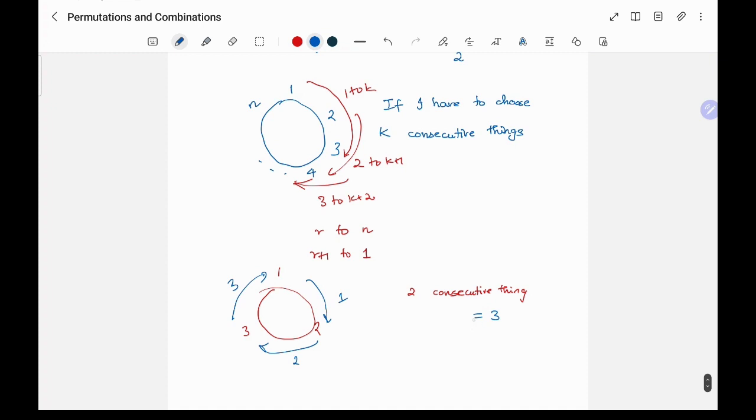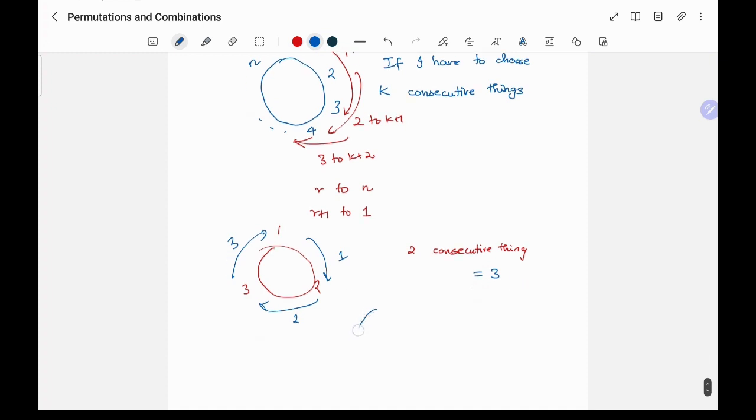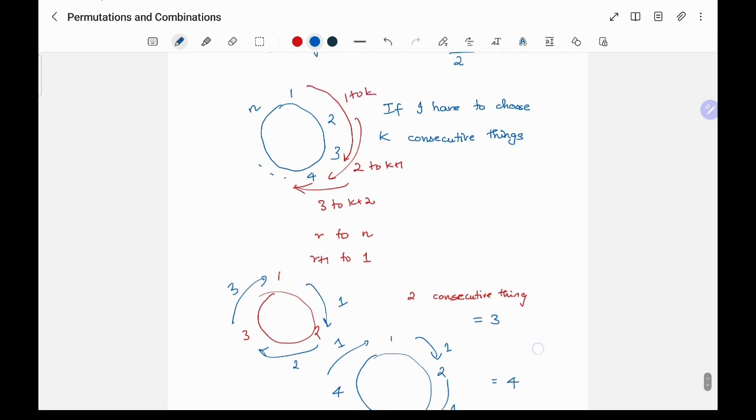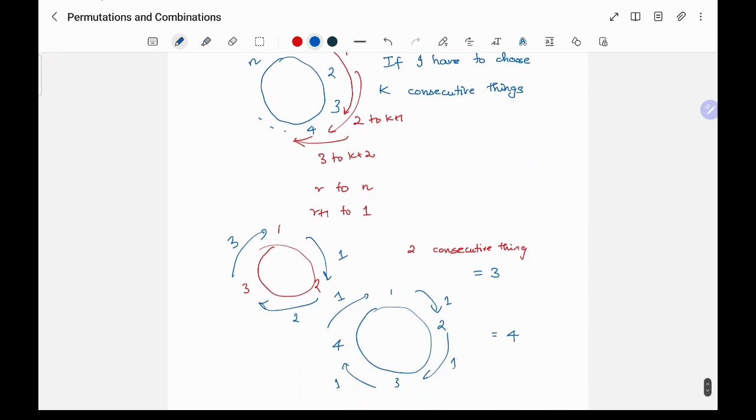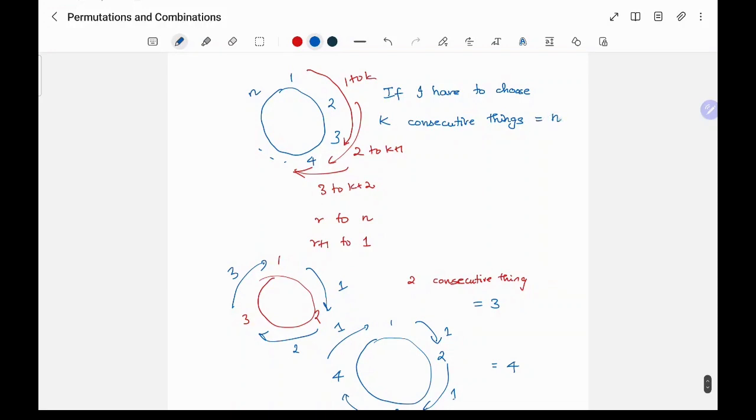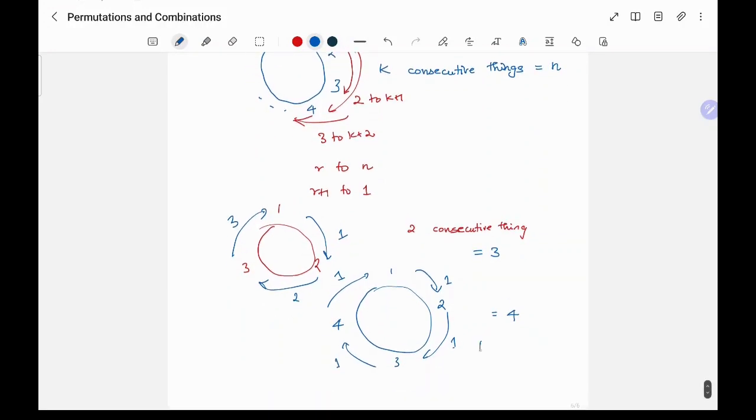If we are still not sure, we can go to the case of 4, 1 2 3 4. So 1 to 2 is 1, 2 to 3 is 1, 3 to 4 is 1, 4 to 1 is 1, then again it repeats. So you can see now it is equal to 4. So for k consecutive things out of n, if k is strictly less than n, the count is n.